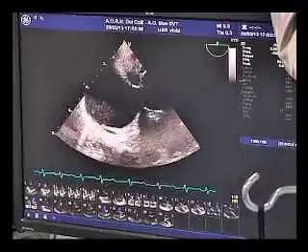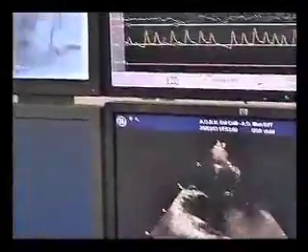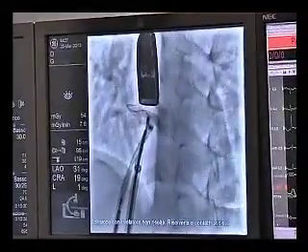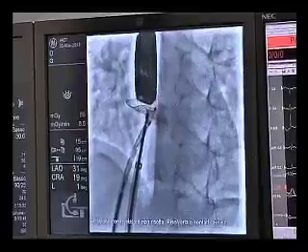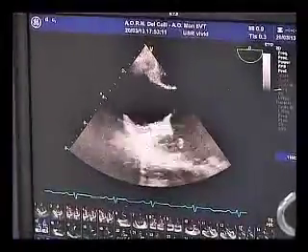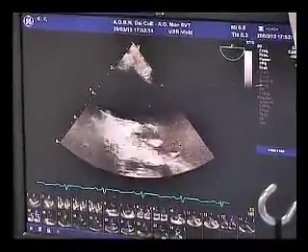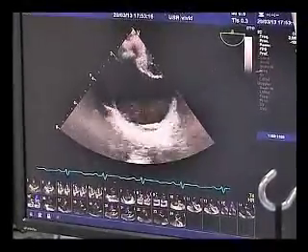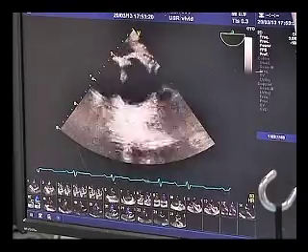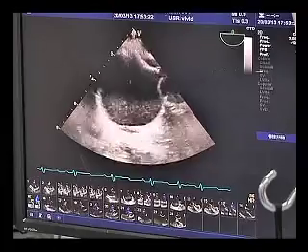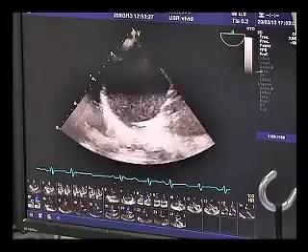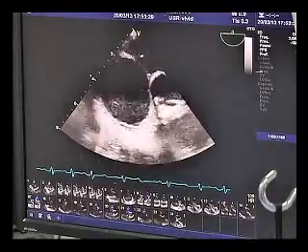I have to retrieve the bigger one, otherwise I'm not able to.